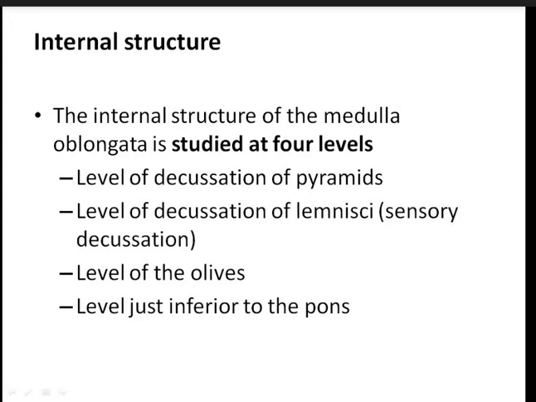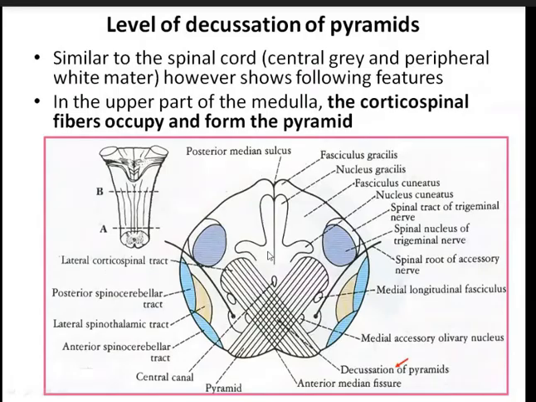The first is the level of decussation of the pyramids, then the level of decussation of lemnisci, or sensory decussation, then the level of olives, and the level just inferior to the pons. They are the 4 sections where we can study the internal features of the medulla oblongata.